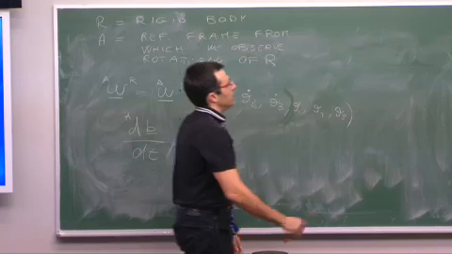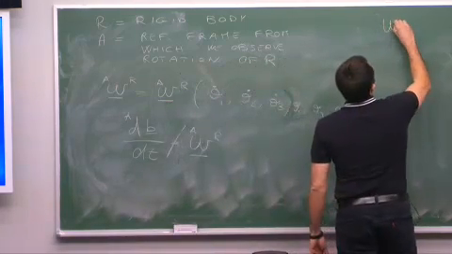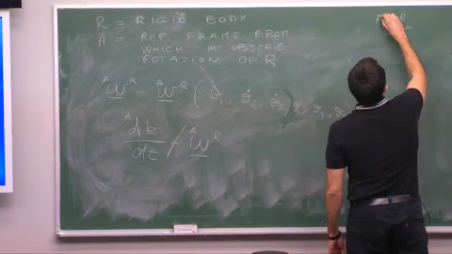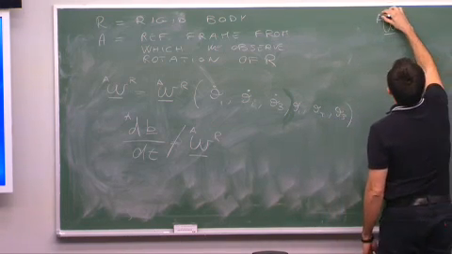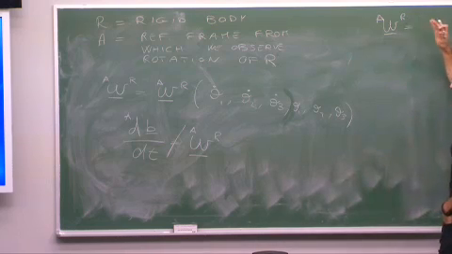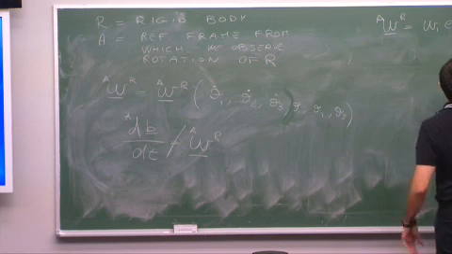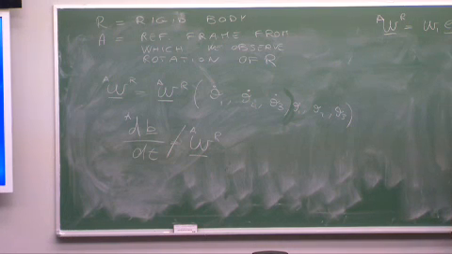So another way to say that is that if I express the angular velocity of R in A in a basis fixed in the rigid body, for example, let's call that E1, E2, E3, omega 3 E3.